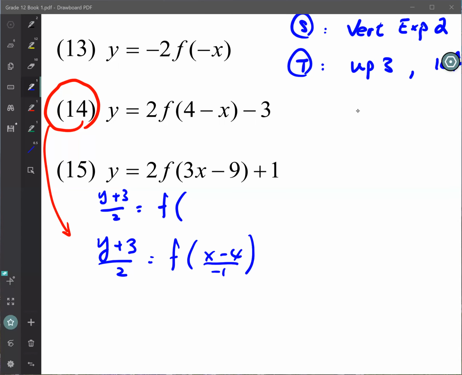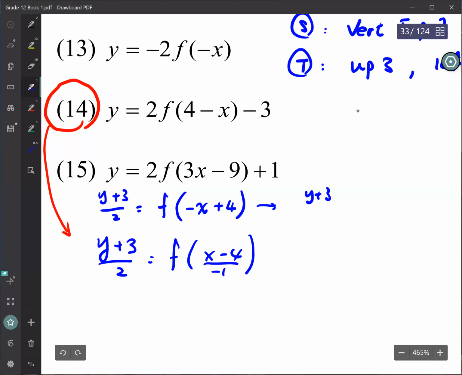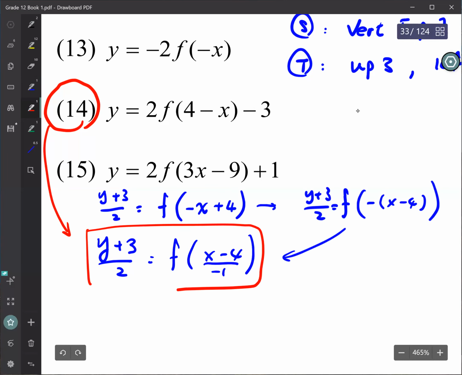So you need to reorder it, so it becomes negative x plus 4. After that, you factor the negative out, so that's why it becomes x minus 4. If you are okay with this one, I think all of you are pretty good now.